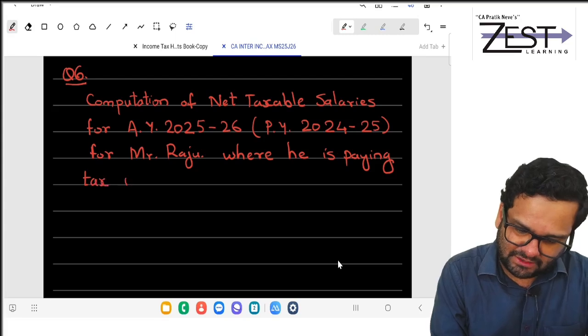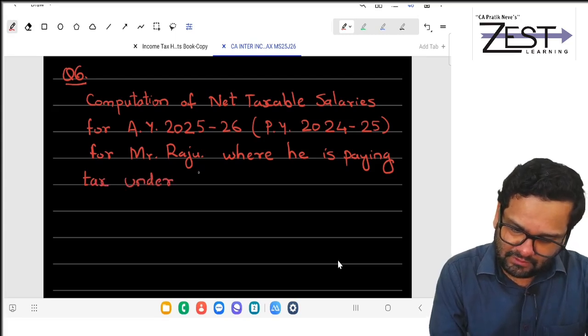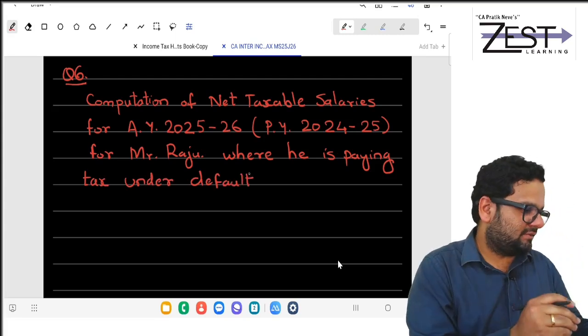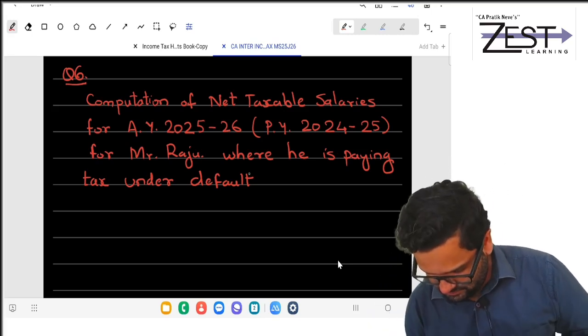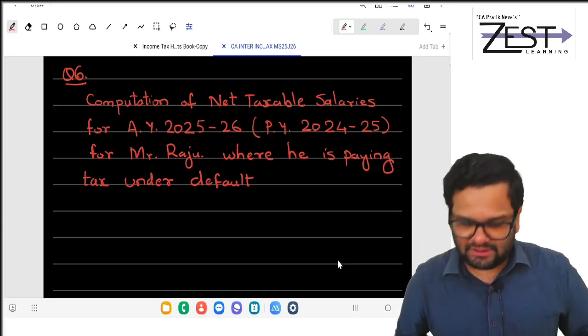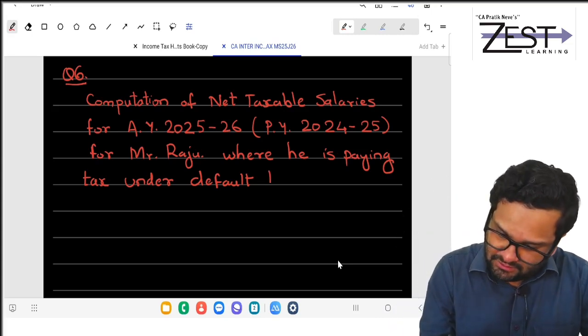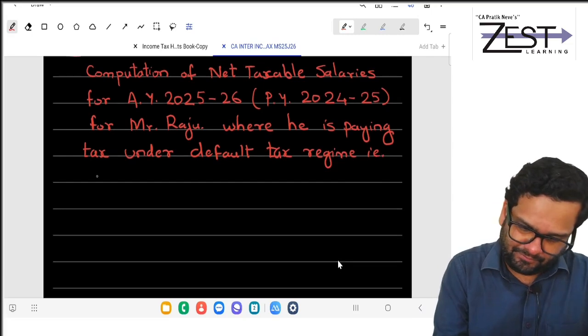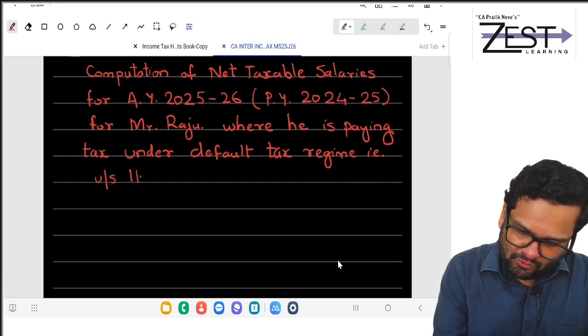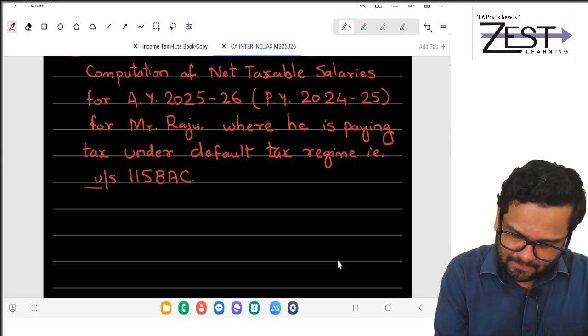Where he is paying tax under the default tax regime, that is under section 115BAC.